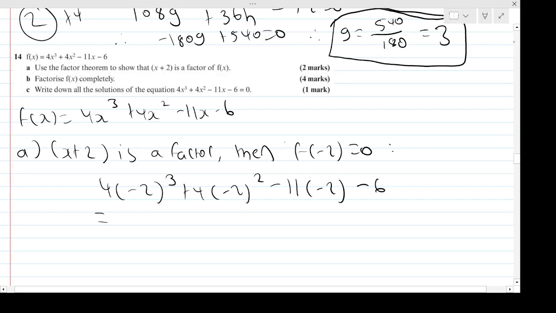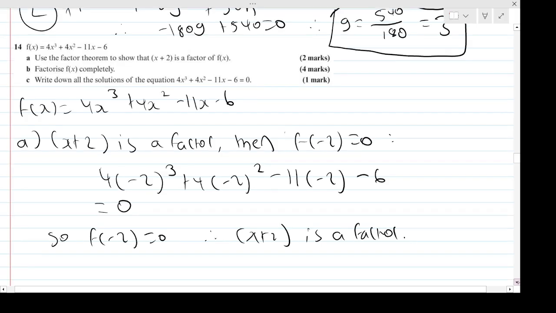Okay, then if I put all that in a calculator, I indeed get 0. There we are. So f of minus 2 equals 0. Therefore, x plus 2 is a factor. Cool.